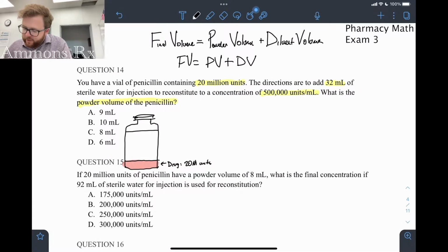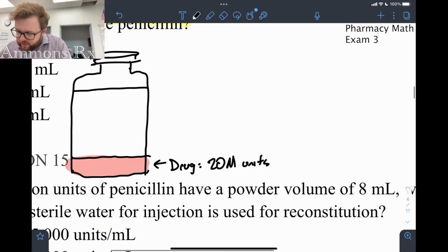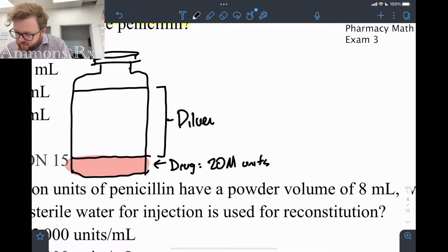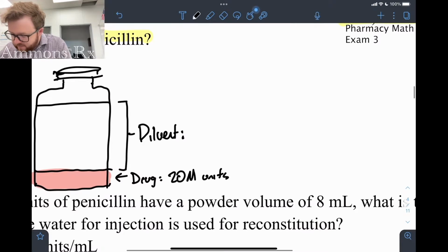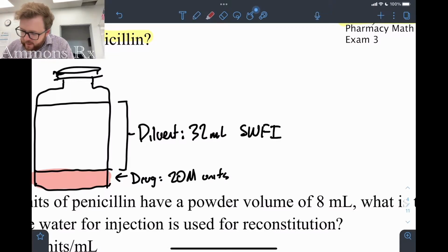Okay. So I'm going to add 32 mils of water. So this right here is going to be water, which, if you remember correctly, diluent means to dilute or to put into solution. That's going to be how much water you're adding. So we added 32 mils. And I'm going to color that one blue.